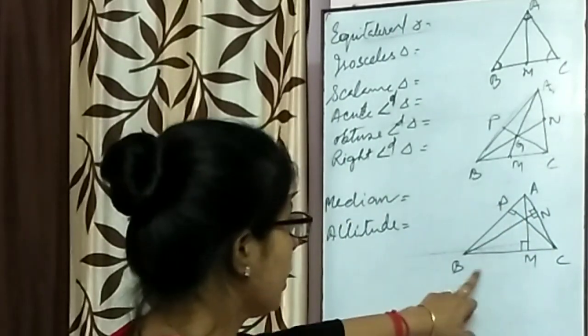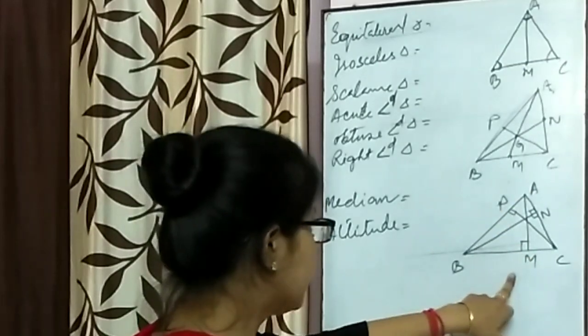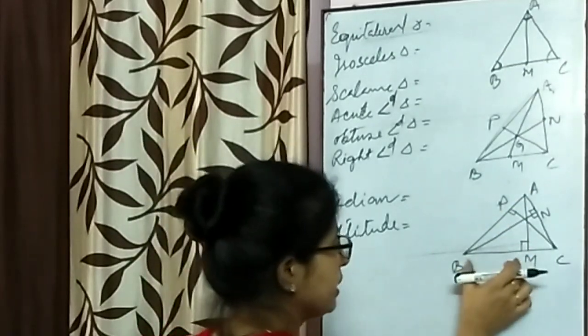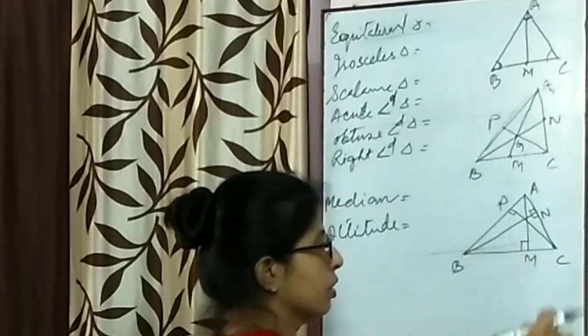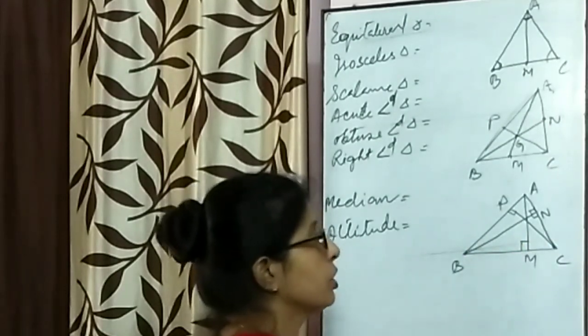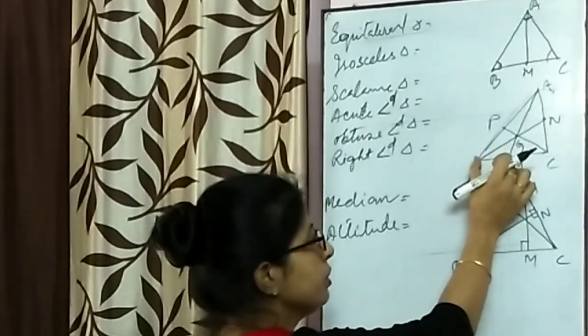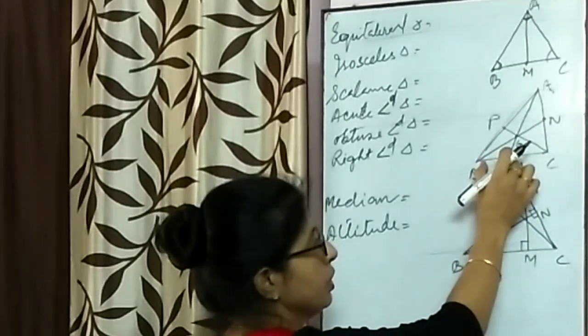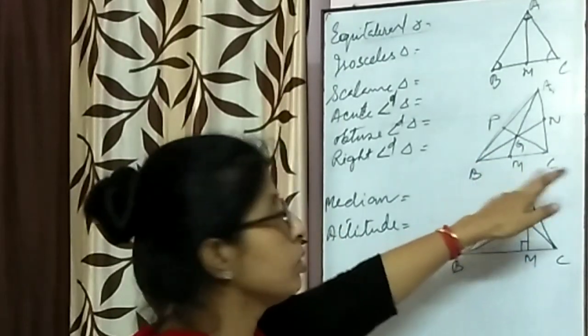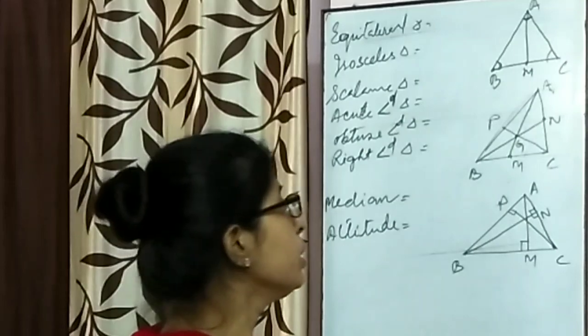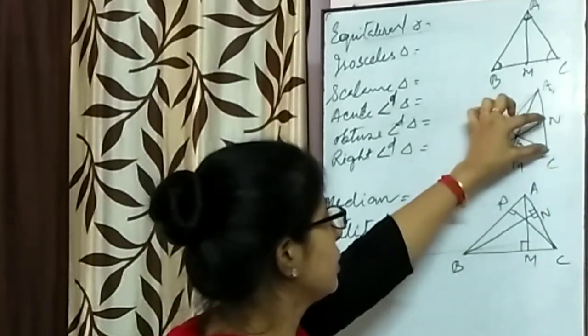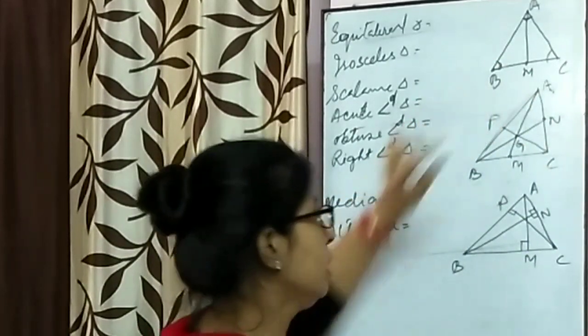So in this case we have seen that by altitude the sides are not bisected equally. This part and these parts are not equal, but the median divides the opposite side into two equal parts. These two parts are equal, here these two are equal, here these two are equal.